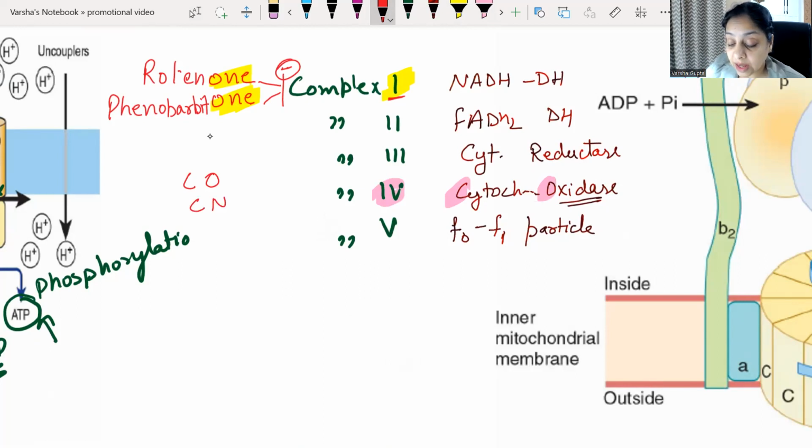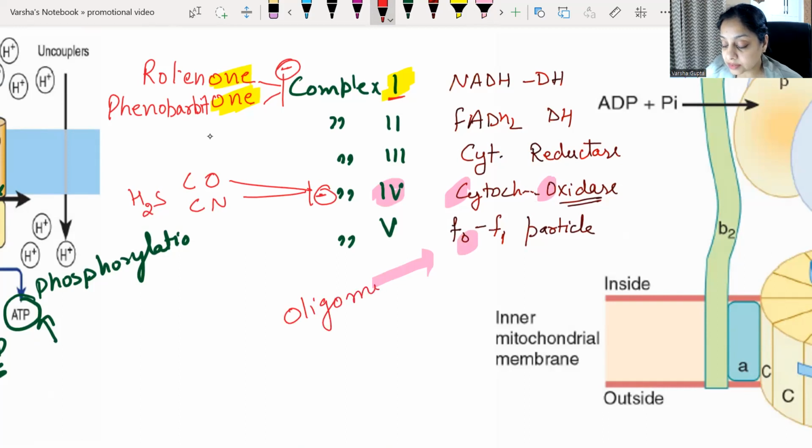Cyanide gas and hydrogen sulfide gas, all these gases are inhibitors of complex 4. This is the most commonly asked question in the exam. Now, the last one. FO. O stands for oligomycin. Oligomycin inhibits FO or ATP synthase. Good. Are we doing good?